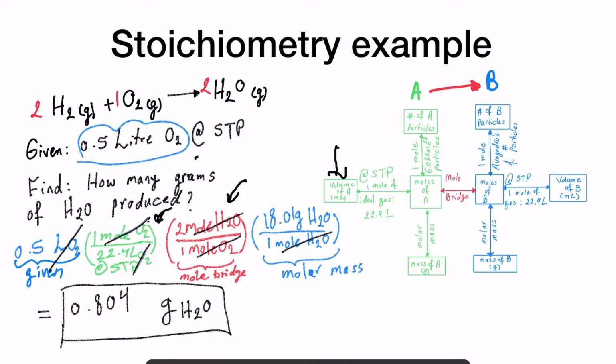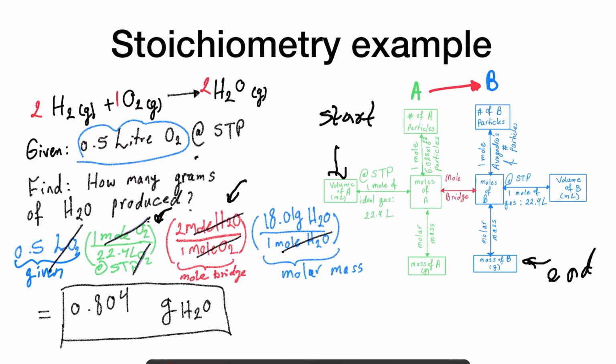And lastly, we are being asked how many grams of H2O is produced. We have the moles of H2O so far, but to convert it to grams, we're going to have to use the molar mass. This is where we started in this problem, and this is what we want.